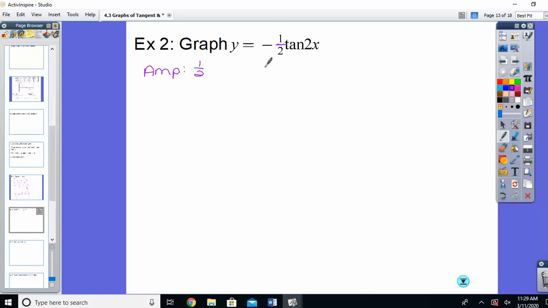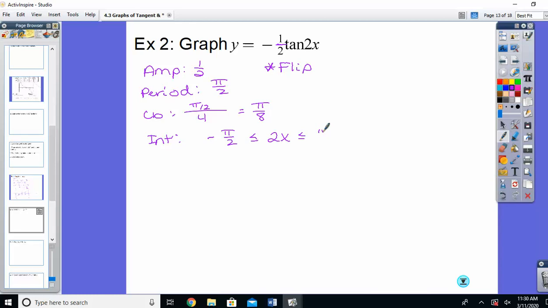What else is happening on this one? Period, pi divided by 2. So the count by is our period divided by 4, pi over 8. Interval you wouldn't have to do, but I think it's just easier. Tangent typically goes from -pi over 2 to positive pi over 2. If I divide all those by 2, I get -pi over 4 to positive pi over 4.